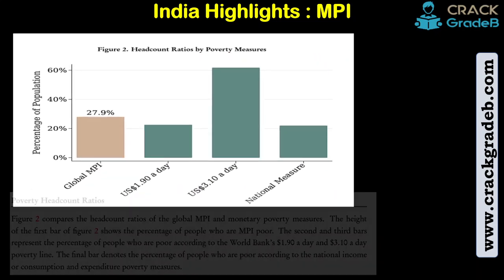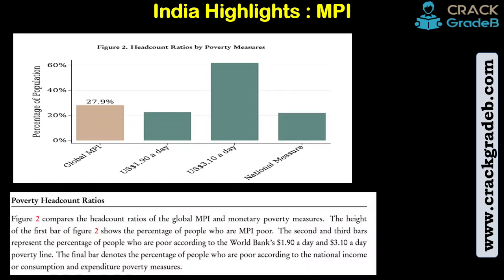So let us understand the headcount ratio of the global MPI and monetary poverty measures, incidence of poverty. The height of the first bar of figure 2 shows the percentage of people who are MPI poor. So 27.9% are MPI poor. The second and the third bar represent the percent of people who are poor according to the World Bank's $1.90 a day and $3.10 a day poverty lines.